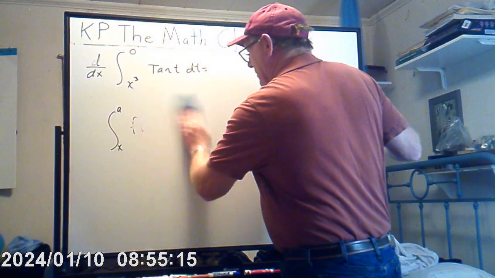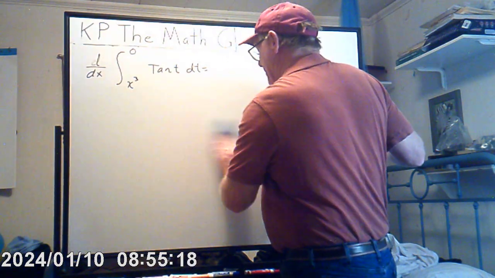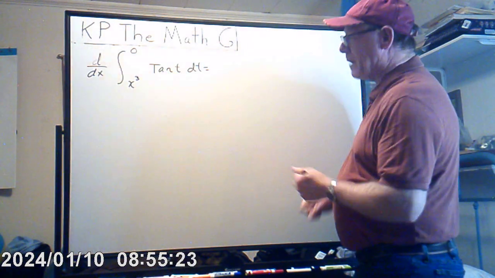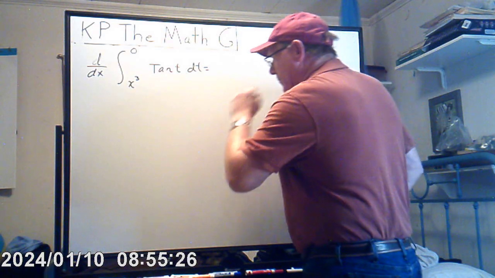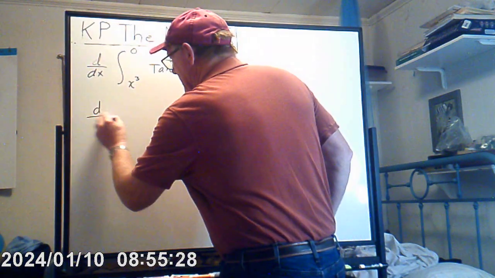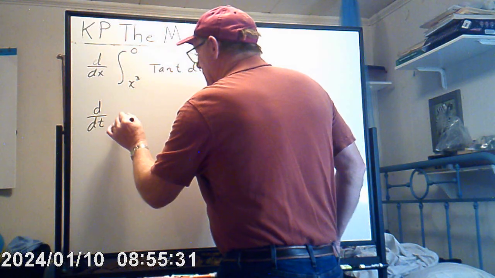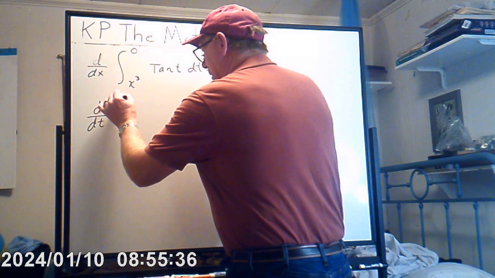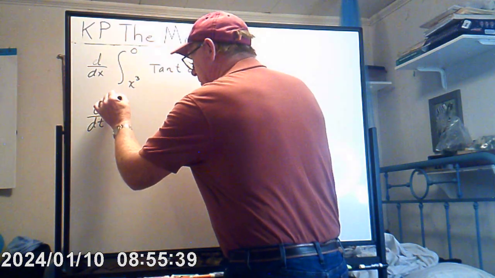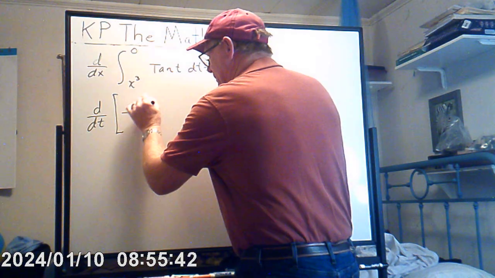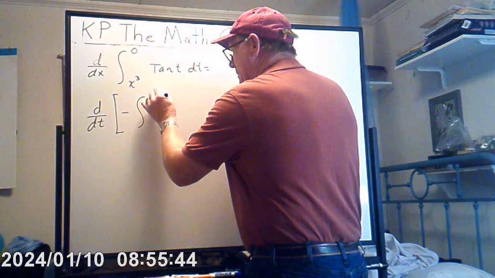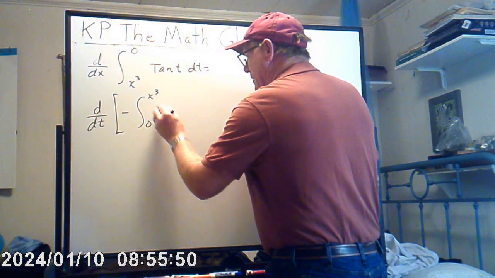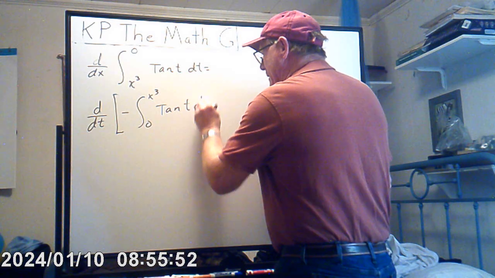Alright, let me erase this, and I'm going to erase the whole thing when we get ready to do the last problem, because it's going to take this whole entire board, probably. Now, what do we do? Well, let's rewrite the problem. And we could put the negative right here, it does not matter, times tangent t dt.